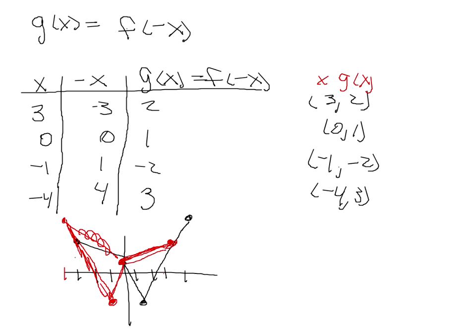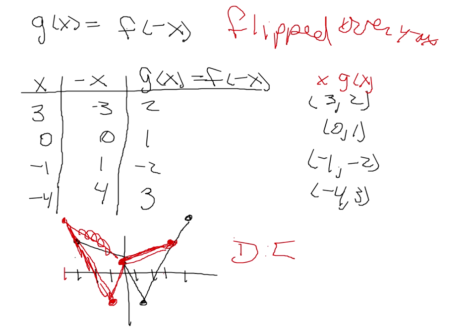Okay, and what happens is this got flipped, but it got flipped over the y-axis. So a flip over the y-axis is going to affect the domain. My domain went from -3 to 4 to, right here, -4 to 3.